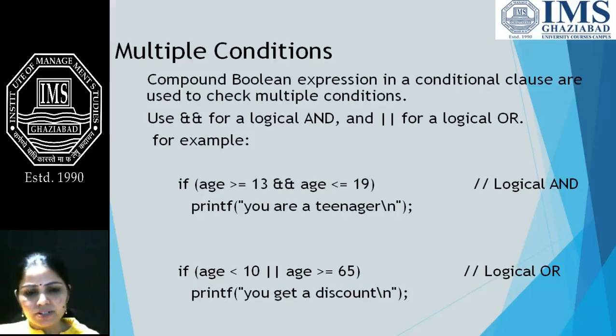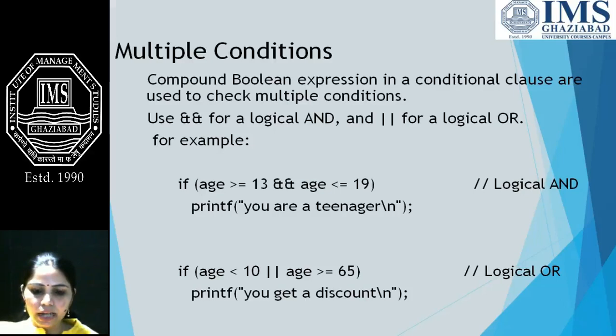If one of my conditions is true, then also I'll get a discount. So if I enter age is equal to 6, the condition 1 is true, I'll get a discount. If I enter age is equal to 67, yes, I'll get a discount. But if I enter age is equal to 25, it is neither less than 10 nor more than 65, so I'll not get a discount.